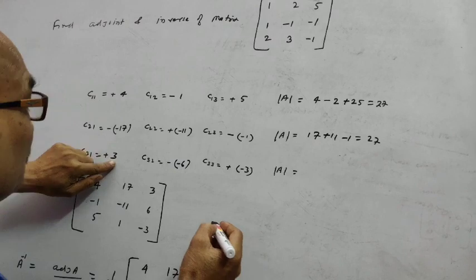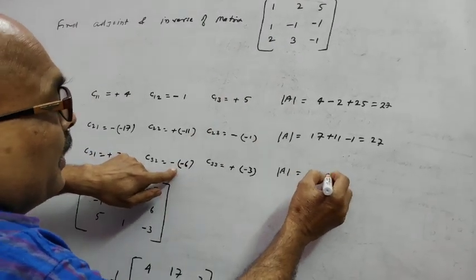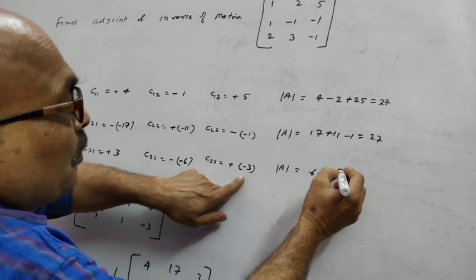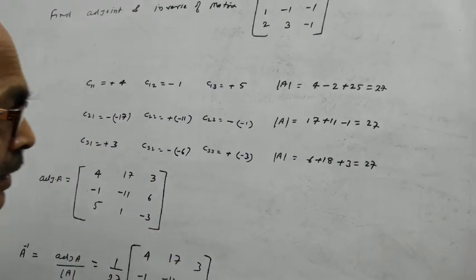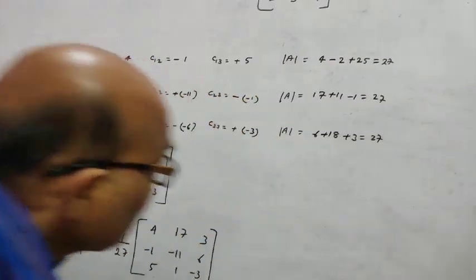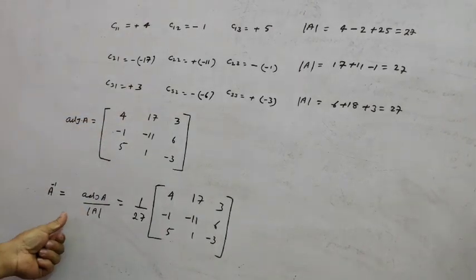Again from the third row, 3 into 2, 6, 6 into 3, 18, or minus 3 into minus 1, plus 3. This is also equal to 27. So this shows all the cofactors are correct.